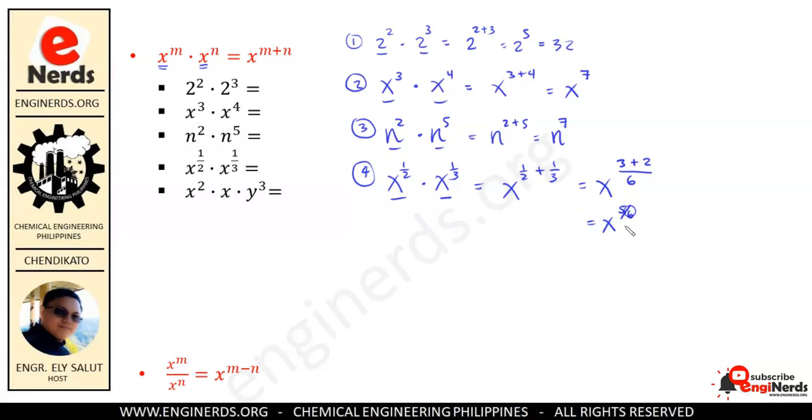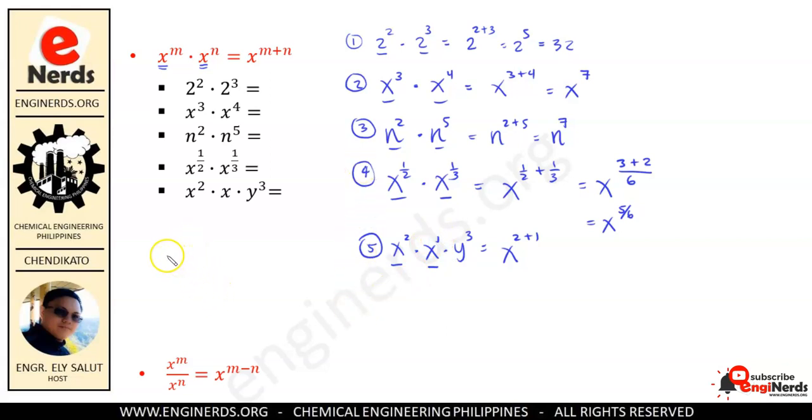And then, the next problem, we have x squared times x times y cubed. So, like what I said earlier, we can only use this property when the base is the same. So, we cannot use it here with the y. So, what we'll have here is x to the 2 plus 1, because you always have an exponent of 1 when you see a variable or a number existing alone.